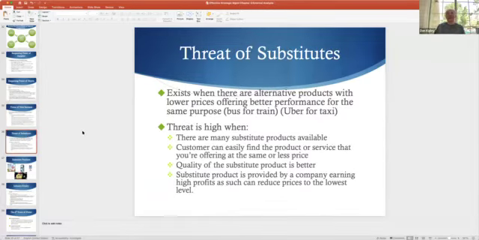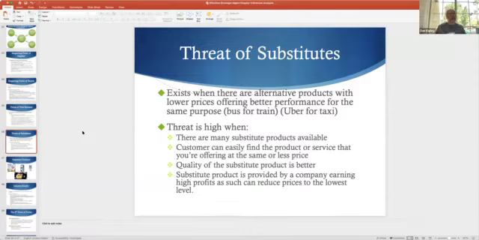This is threat of substitute products. This would be a product or service that does the same thing that your product or service does, equal quality, at the same price or lower price than your product or service. And it's readily available to those consumers out there. That then creates a huge threat from this substitute product.